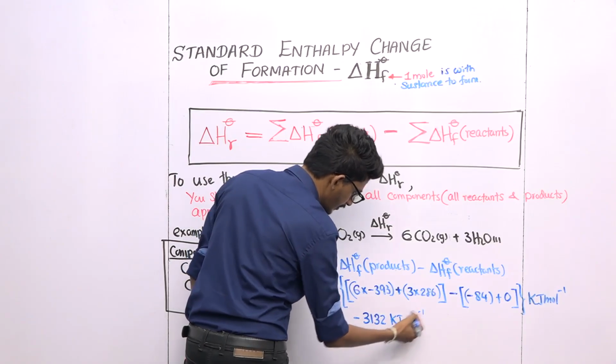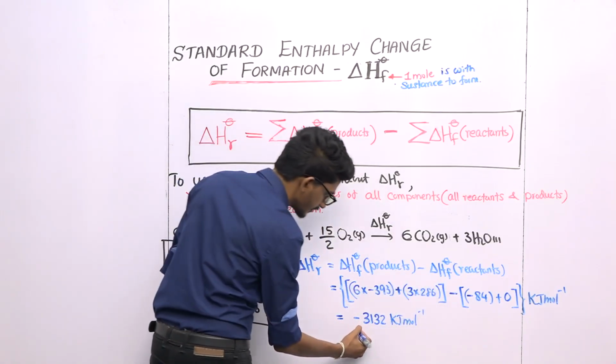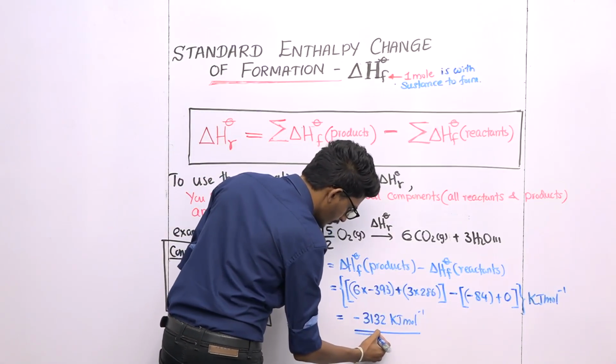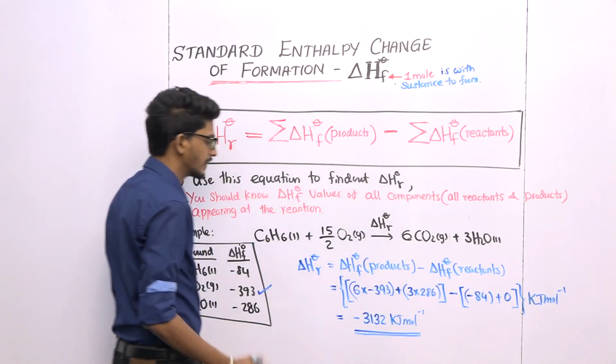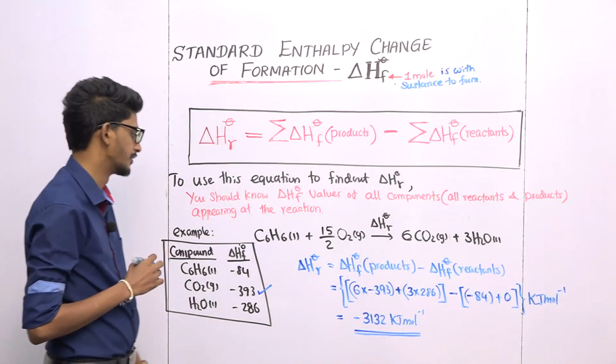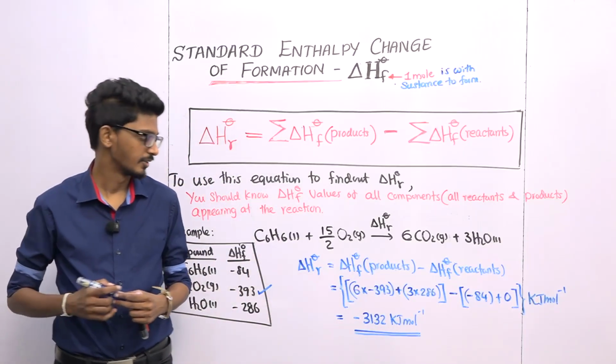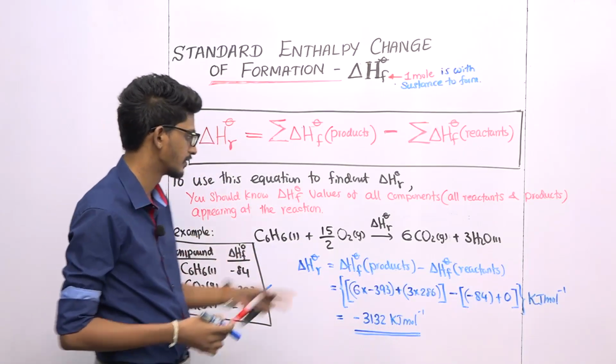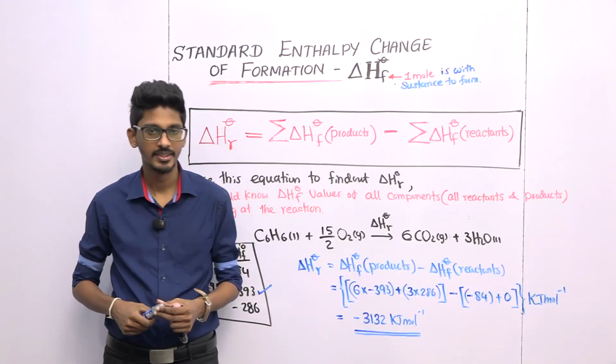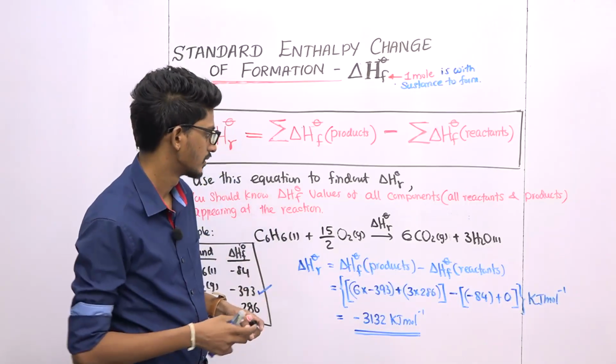Just do the simplification. That is how you are supposed to use the equation to solve for delta H R. Actually, that is appearing in your note. Just go to the note and see whether you understood the whole concept.